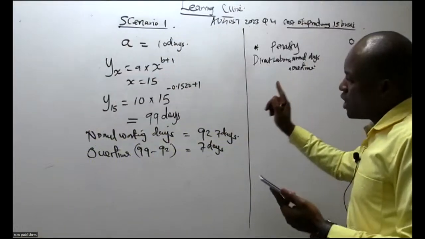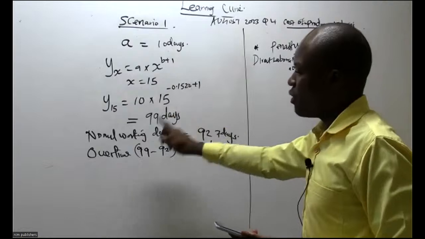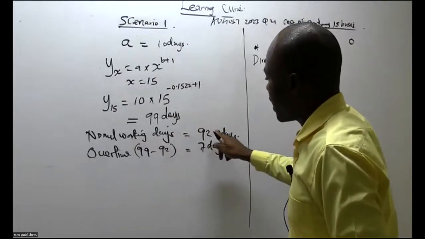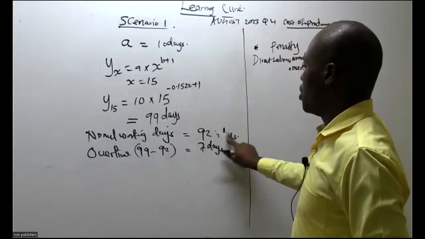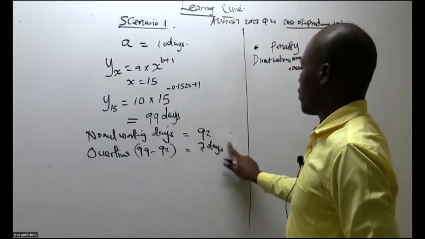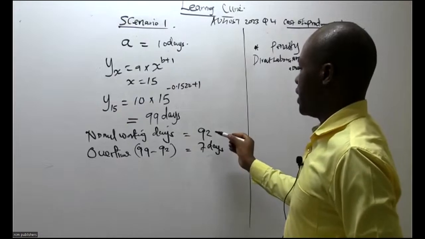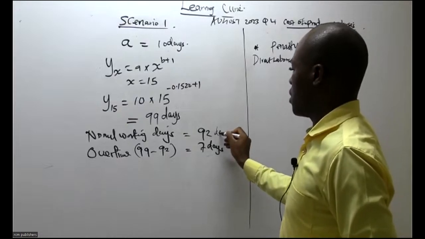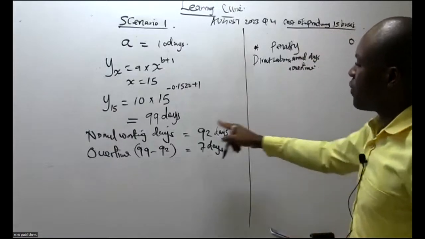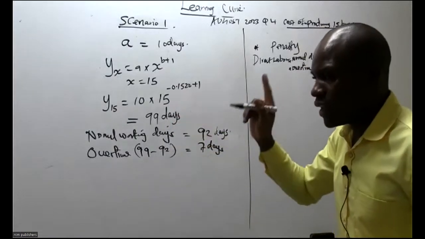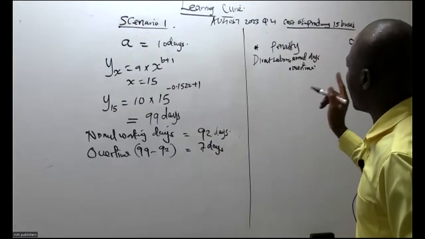Direct labor: we are being told that the normal working days is 92 days. So they have worked for 99. It means the first 92 days, they're going to be paid at the normal rate.